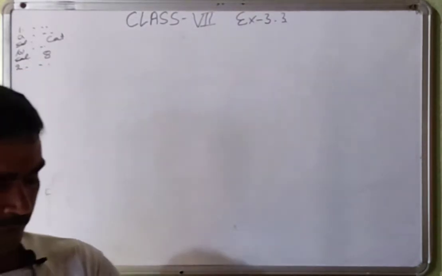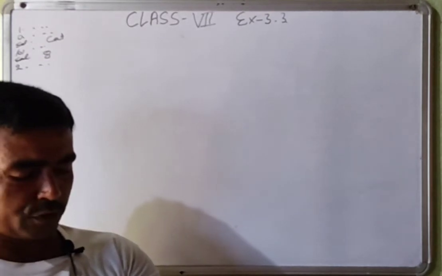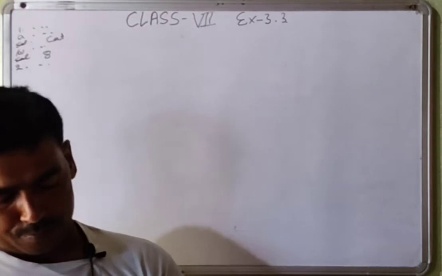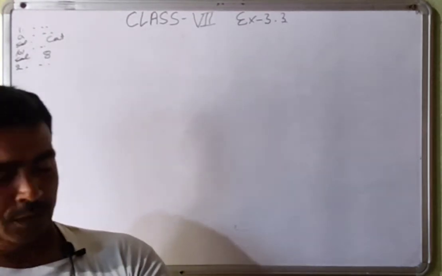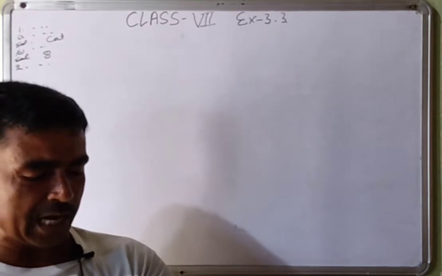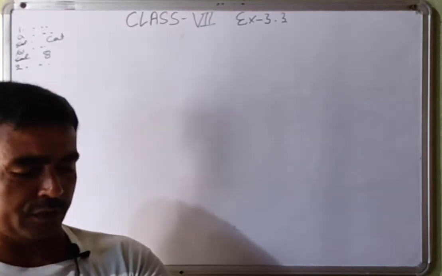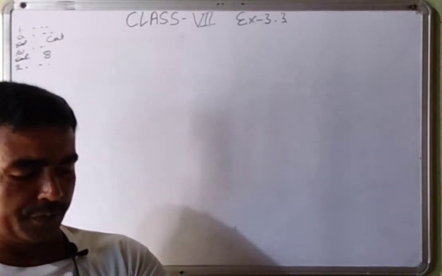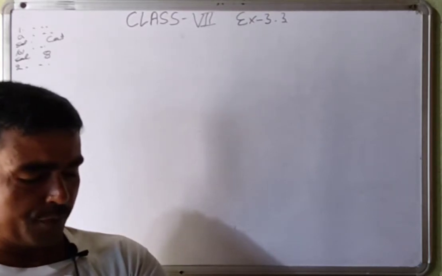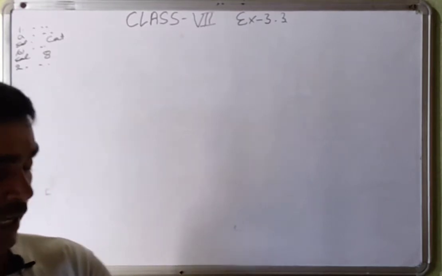Second question, read the bar graph which shows the number of books sold by a bookstore during 5 consecutive years and answer the following questions. So here, Figure 3.4 is given. How many books were sold in 1989?